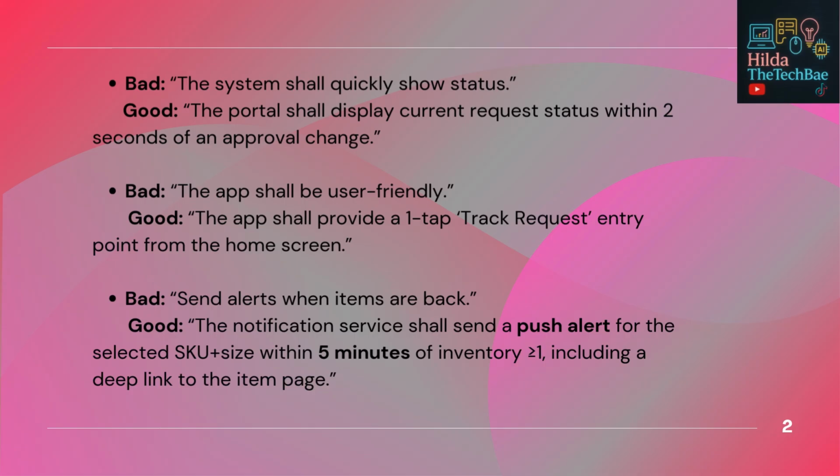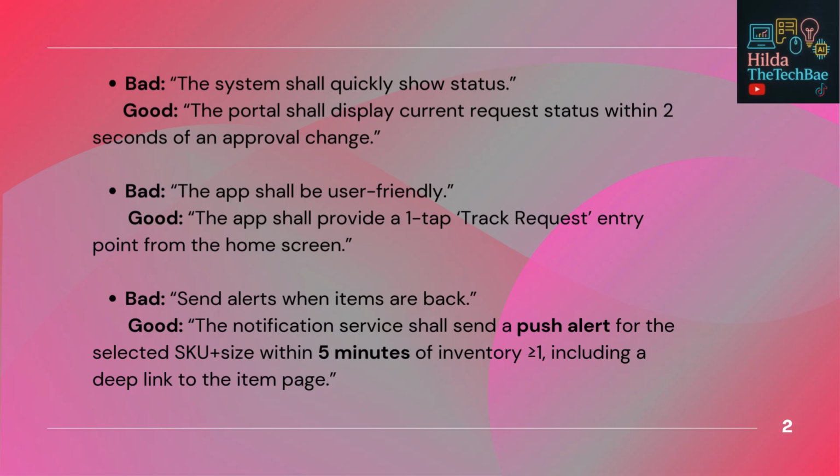Another example of a bad one is send alerts when items are back. A good one would be the notification service shall send a push alert for the selected SKU plus size within 5 minutes of inventory more than one, including a deep link to the item's page.